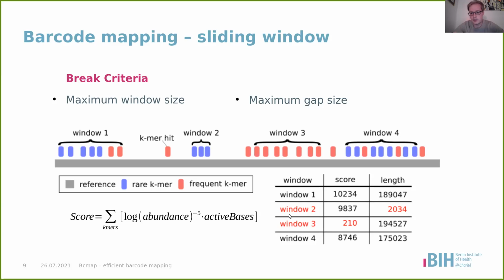The results can then be filtered by score, so we could throw out windows that have too small a score because they are only based on very frequent k-mers. And we can also sort out windows whose length is so small that we wouldn't believe they resemble a large molecule from the linked read sequencing.